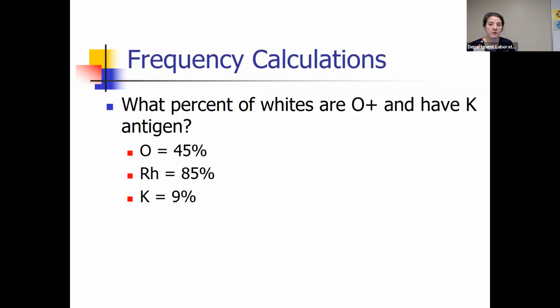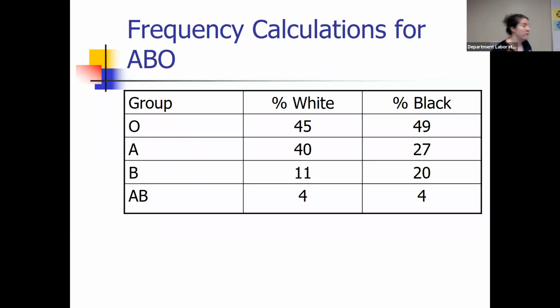So here's an example. What percent of the white population are O positive and have the KEL antigen? All right, so we're looking at the O positive population that have the KEL antigen, all right? And it's the white population, yeah. 45% of the white population are O, 85% of the population, does it say the D?